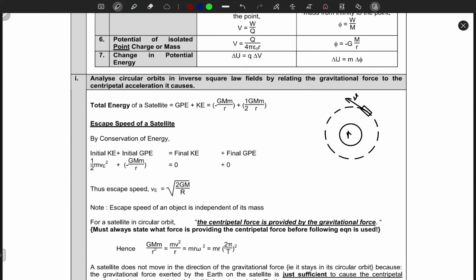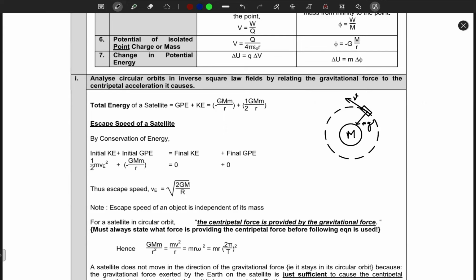This is the Earth. Let's say it has a mass m. So the weight would be towards the center of the mass m, towards the center of the Earth. That's where this vector would point, mg, right?